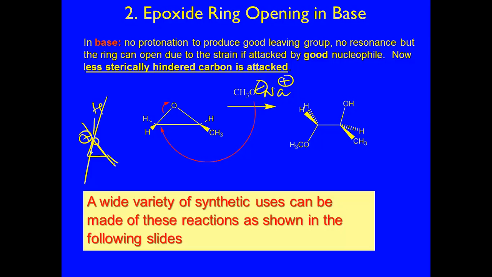But the question is, what alcohol do we make? That depends on what medium you have. If you have an acid medium, you make primary alcohols. If you have a basic medium, you open from this end, so the oxygen gets attached to this carbon, and you normally make a secondary alcohol.